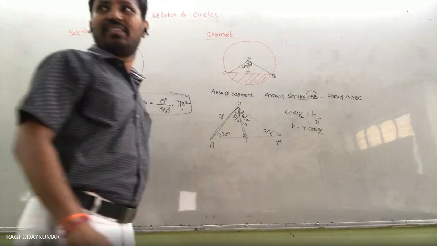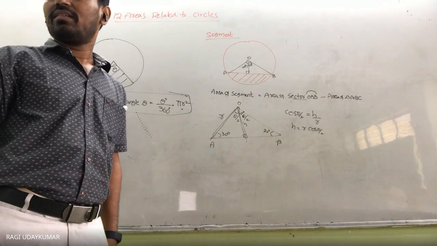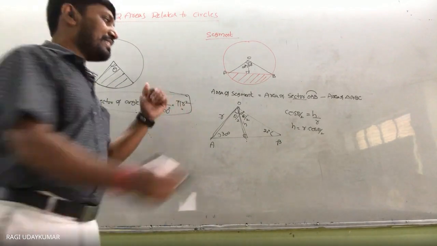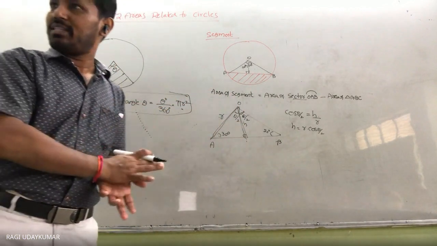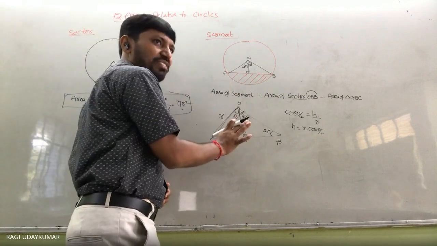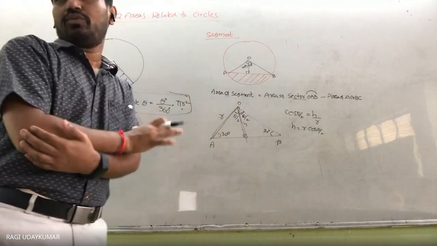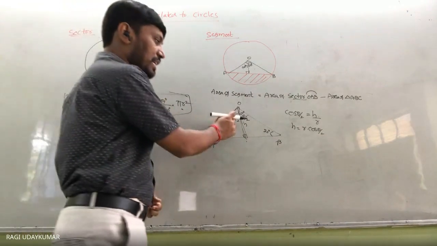This is theta, you consider. If it is 120 degrees, you understood, it becomes 60. Whatever the angle is given to you, this is completely theta, and you can find out like this: this becomes theta by 2.